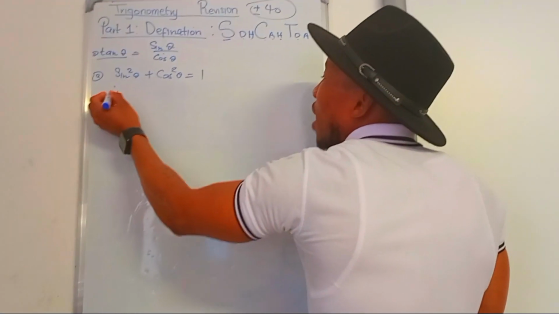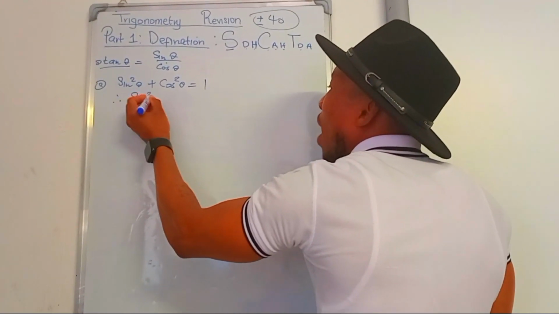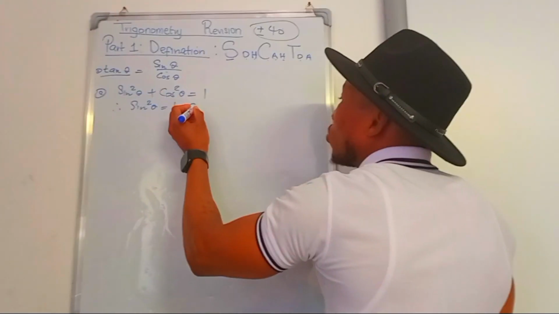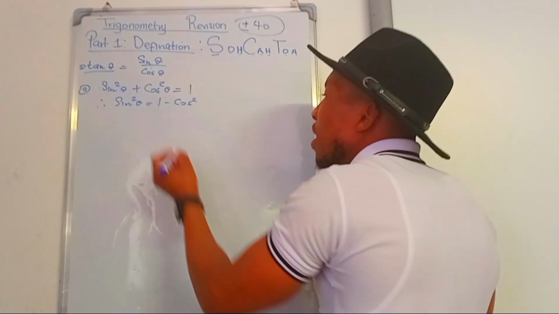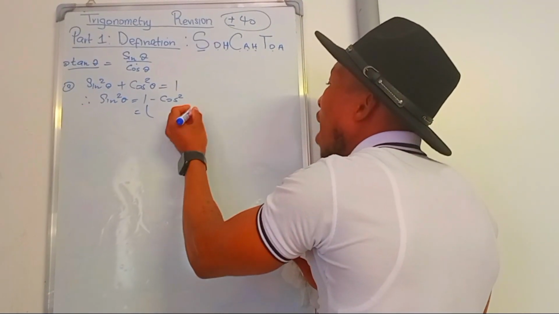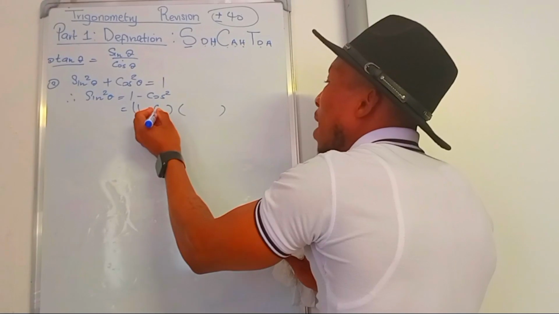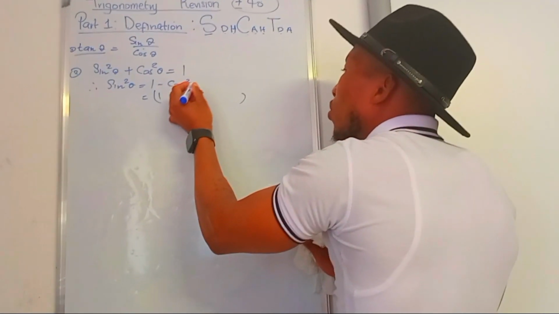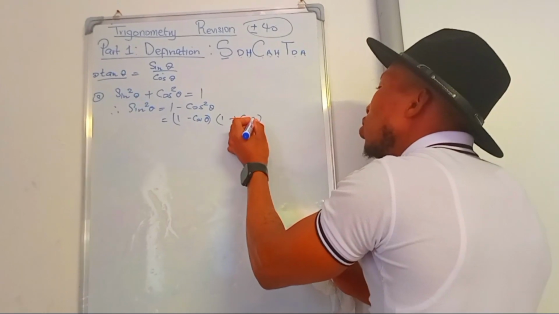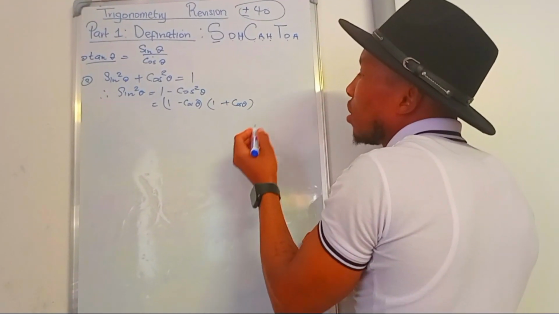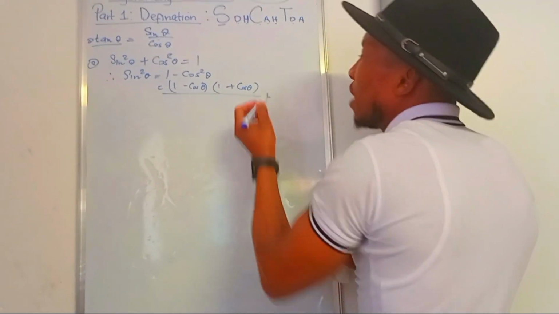You can simplify it like sin squared theta equals 1 minus cos squared theta. This is a perfect square, which can be factorized by opening two brackets: (1 minus cos theta)(1 plus cos theta).